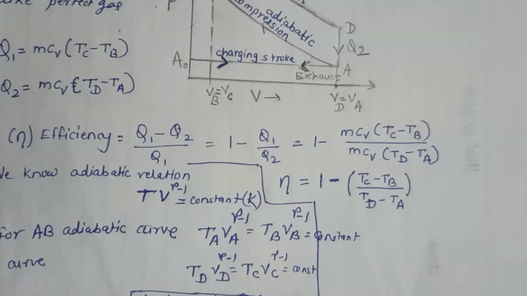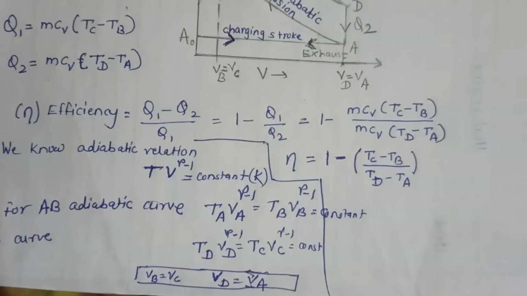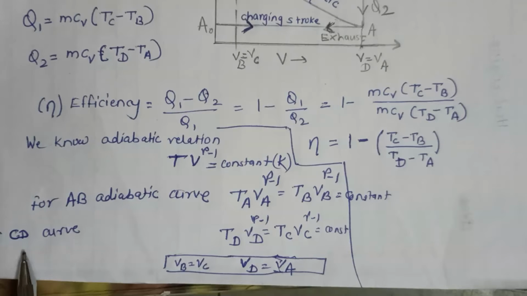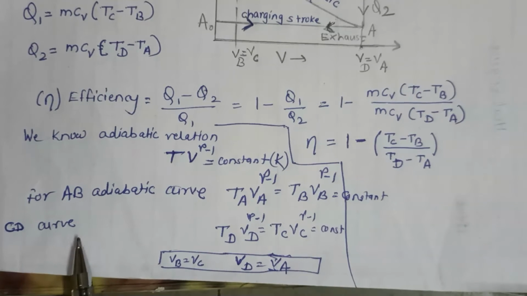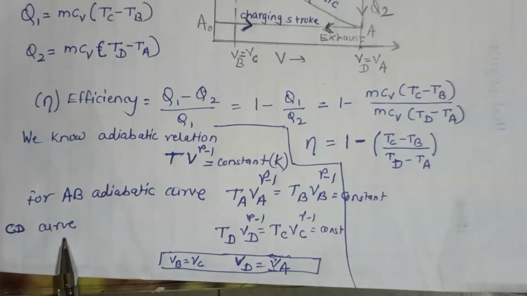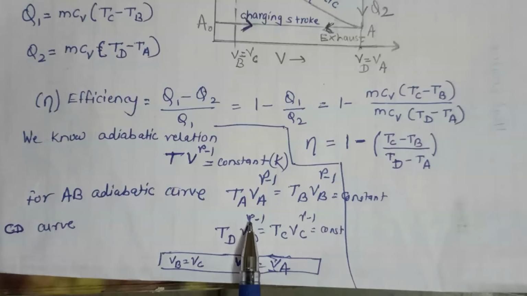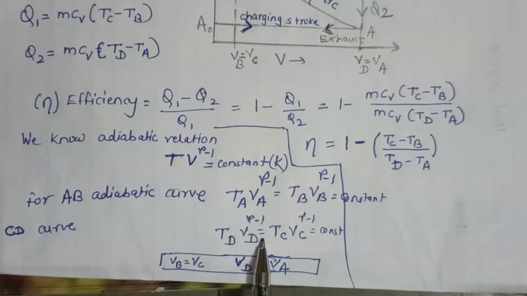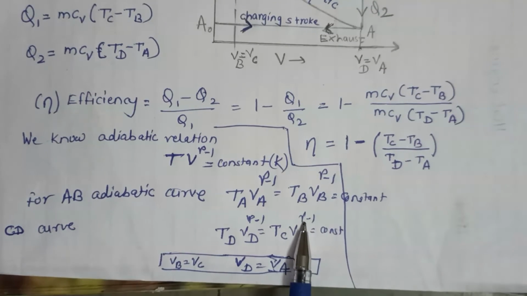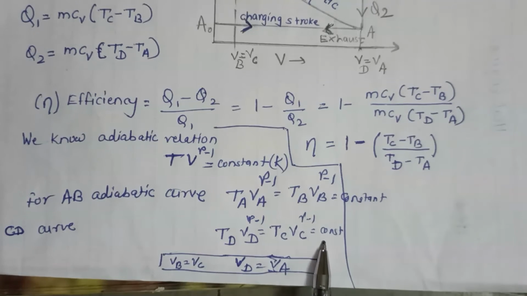And second adiabatic curve, that is CD curve. Along CD curve, the mixture undergoes adiabatic expansion. The adiabatic relation for CD curve is given as TD VD raised to gamma minus 1 is equal to TC VC raised to gamma minus 1 is equal to constant.